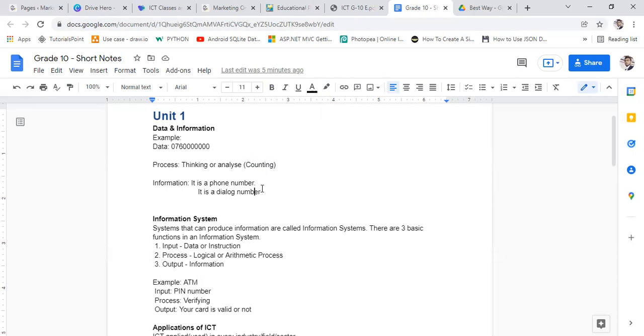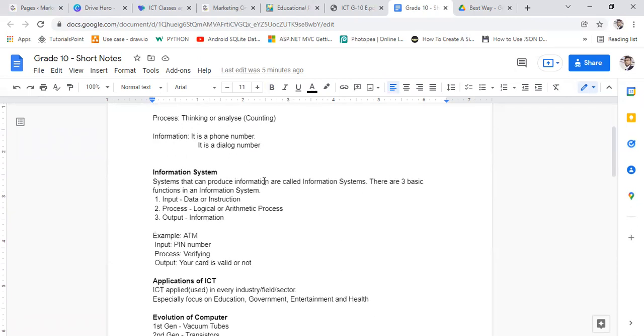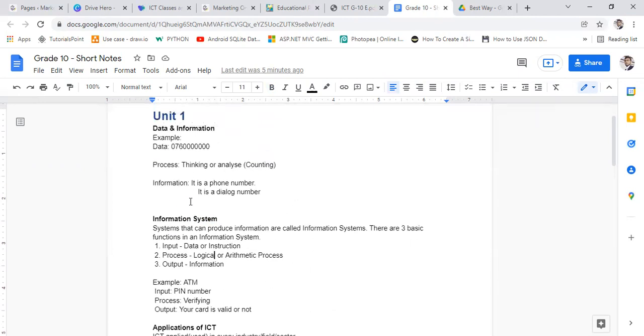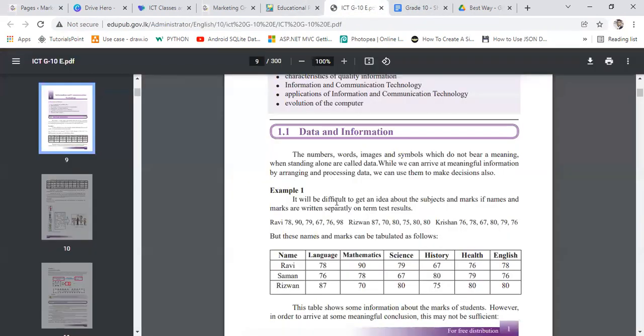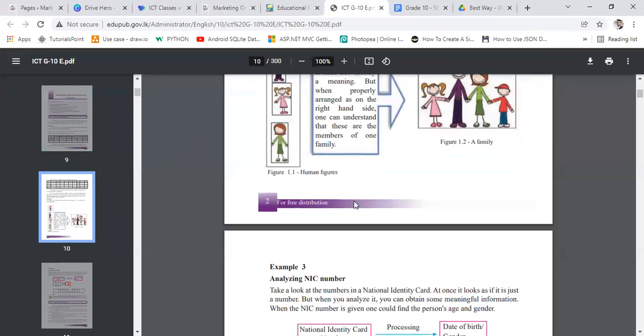You don't need to think too much here, it's a simple thing from unit 1. And the other thing, the second one, is information system, that you should learn from your first unit.